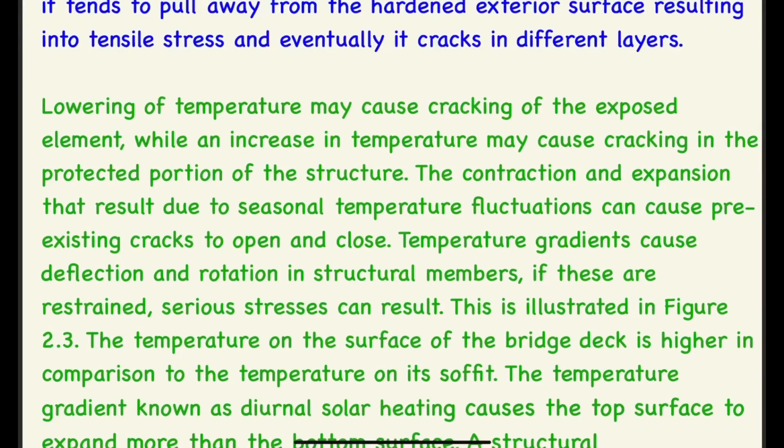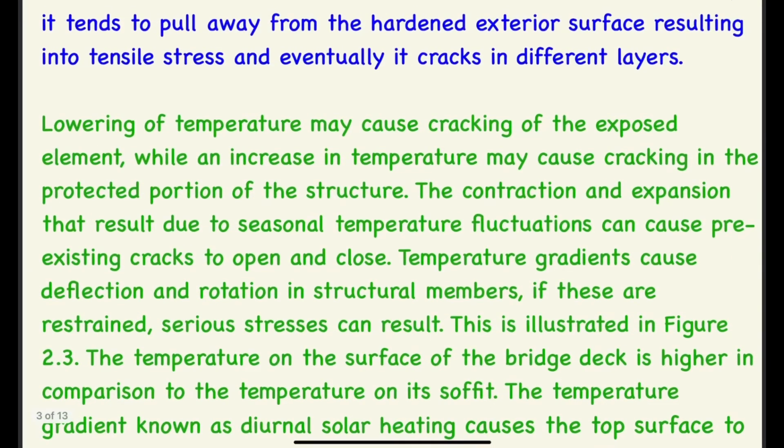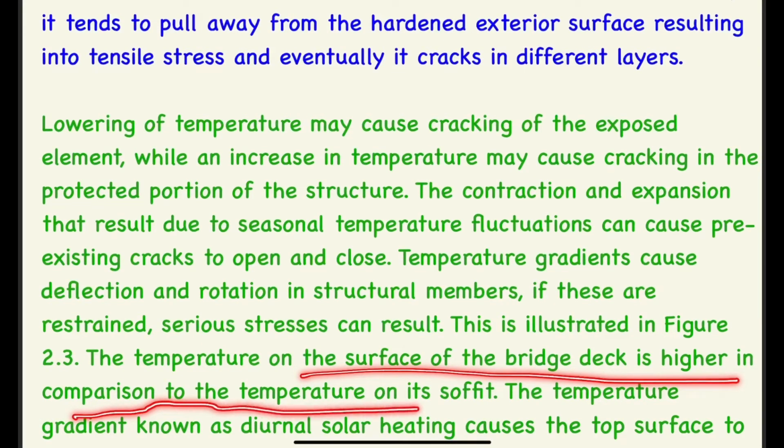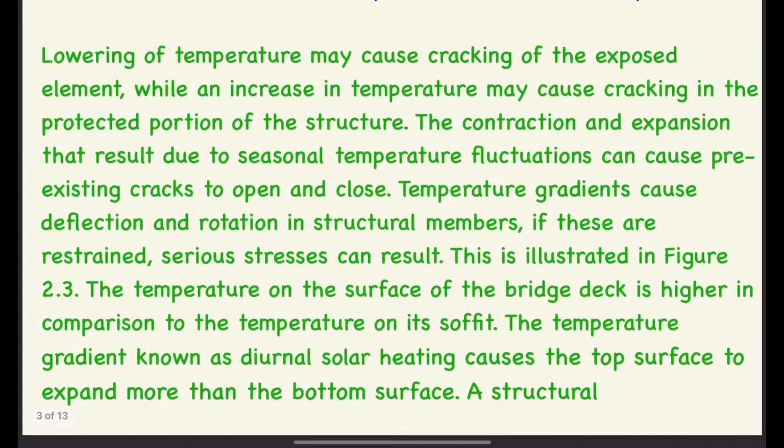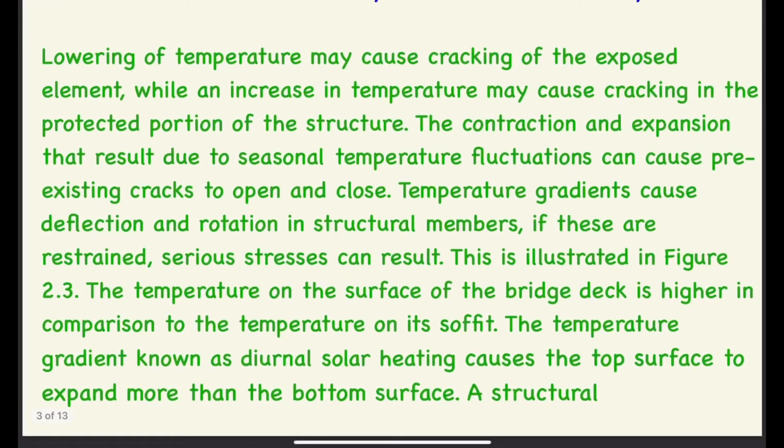Okay, this is illustrated in the figure. The temperature on the surface of the bridge deck is higher in comparison to the surface on its soffit. The temperature gradient is known as diurnal solar heating, which causes the top surface to expand more than the bottom surface.